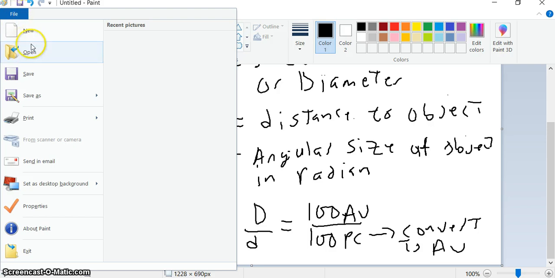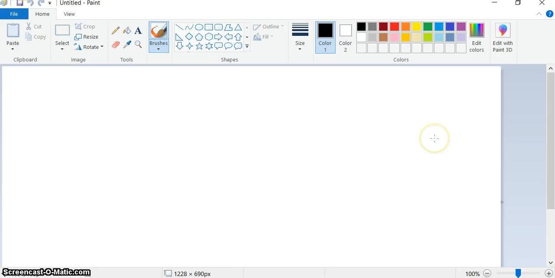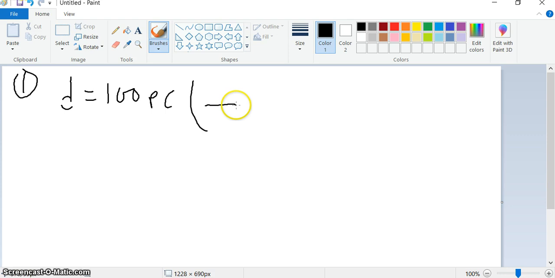This is still number 1. Little d is 100 parsecs. It turns out that 1 parsec is equal to, let's see, where do I have it? Oh, here it is.